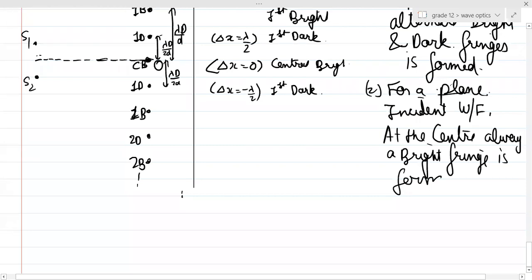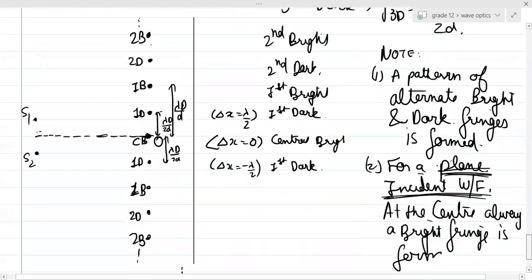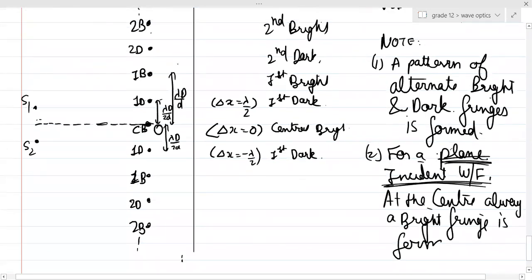It is very important, this happens only for a plane wavefront. So is the first and second point clear, guys? First and second point is clear. There is one more thing, but I'll teach it as a new heading only.